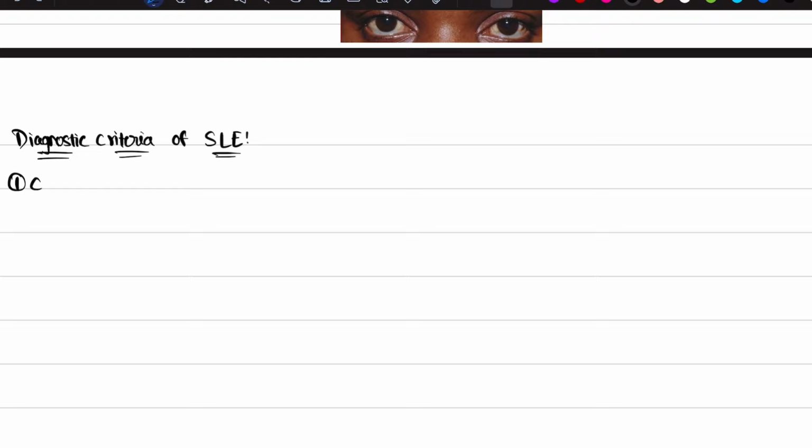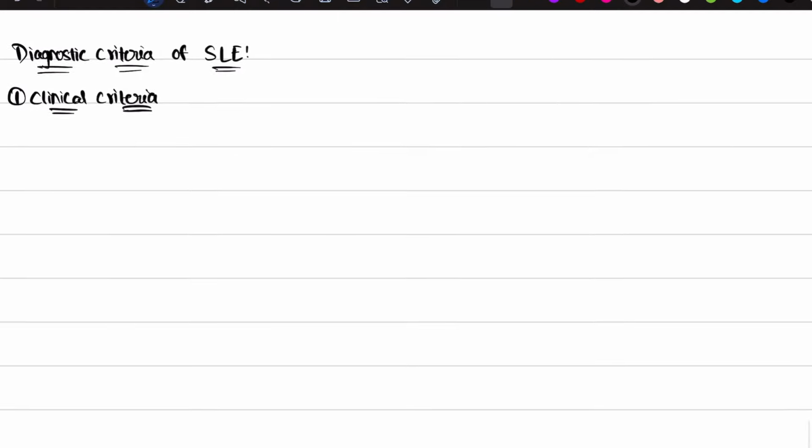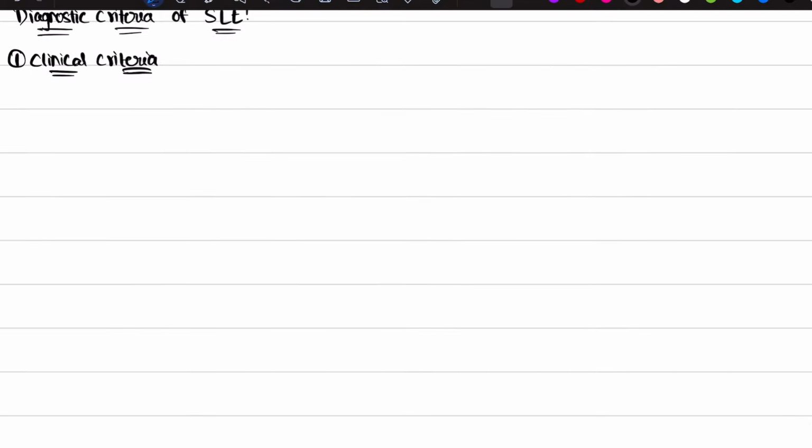In clinical criteria, the first one is acute cutaneous lupus. When I write all this, try to recall whatever I have explained before. In acute cutaneous lupus, what we have seen is malar rash, and the second one is chronic cutaneous lupus.